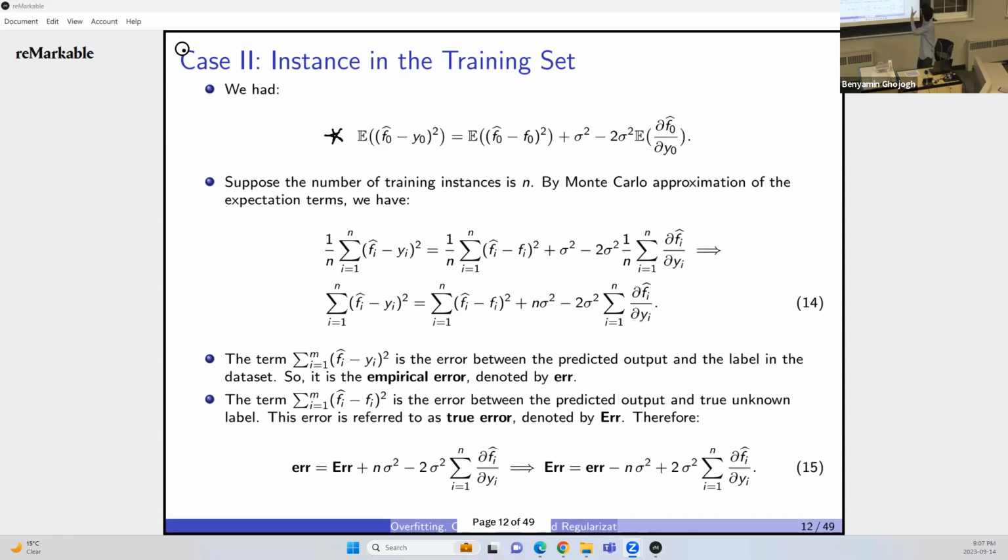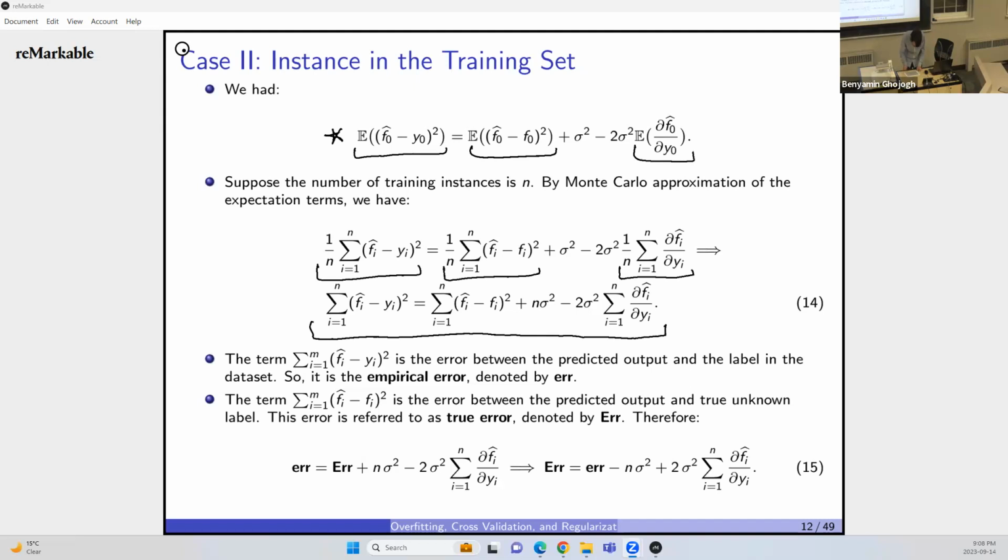Again, I use Monte Carlo approximation. This time, assume I have n training data points, rather than 1 training data. So by Monte Carlo approximation, I can replace these expectations by their approximations, and also this one by its approximation. I multiply the size by n. I'll get this, right? Again, this term, what is this? This is the empirical error.